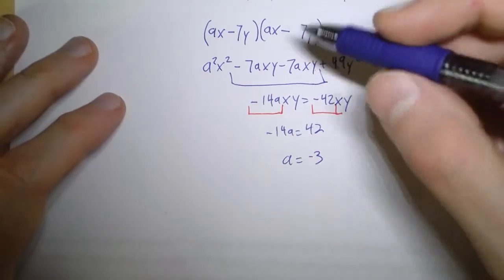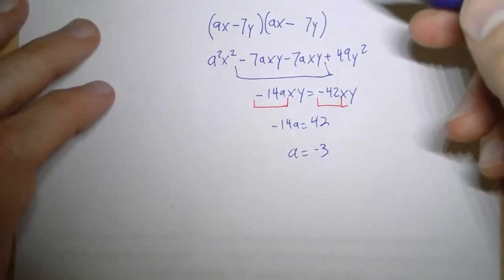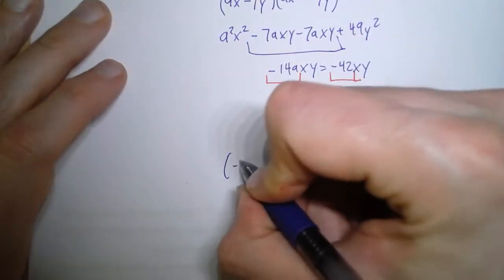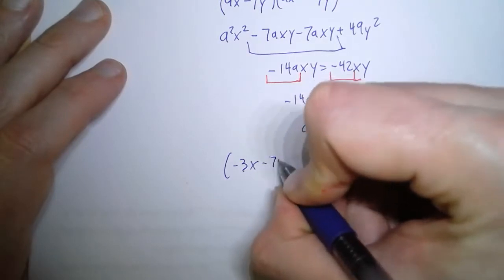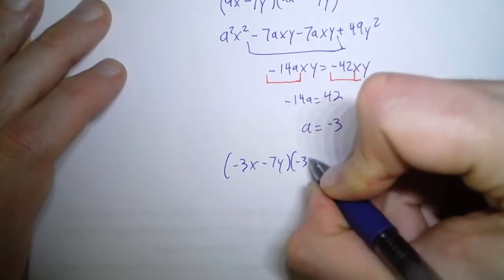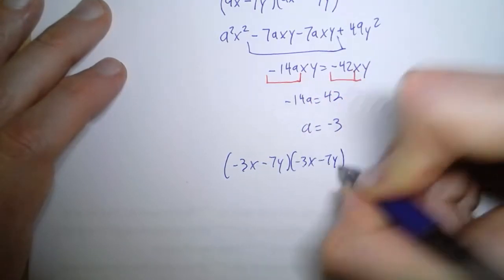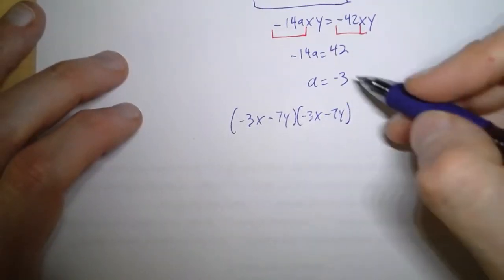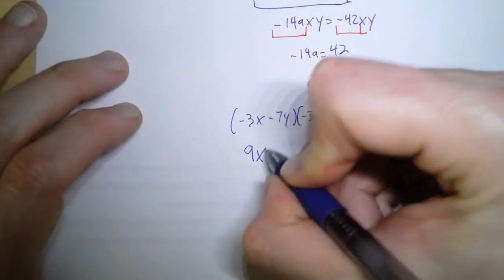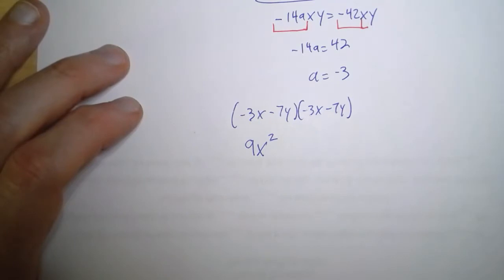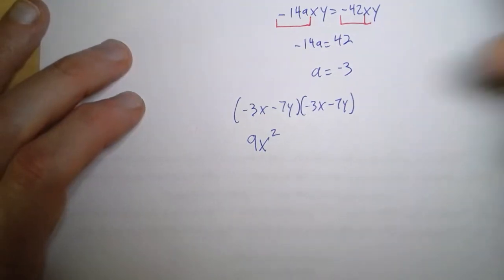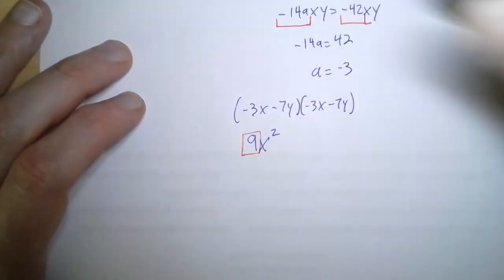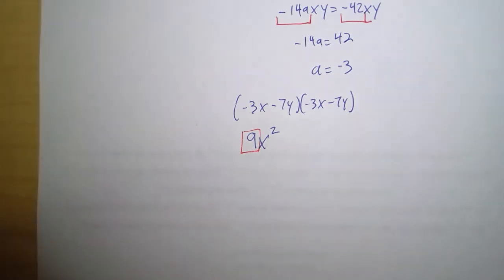But the answer isn't 3, because if we were to take this negative 3x minus 7y times negative 3x minus 7y, if we were to expand this out, we would get 9x squared as our first term. So that means that 9 is our answer. And we're done.